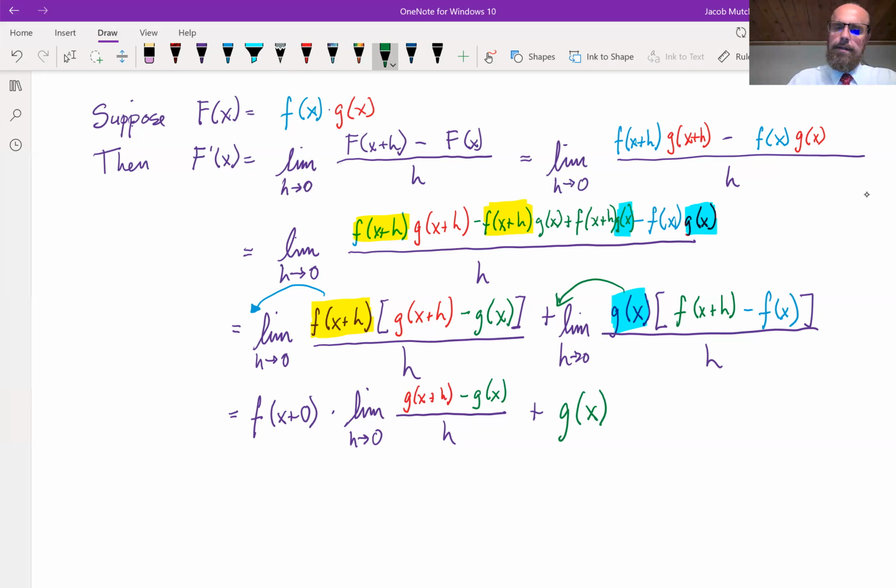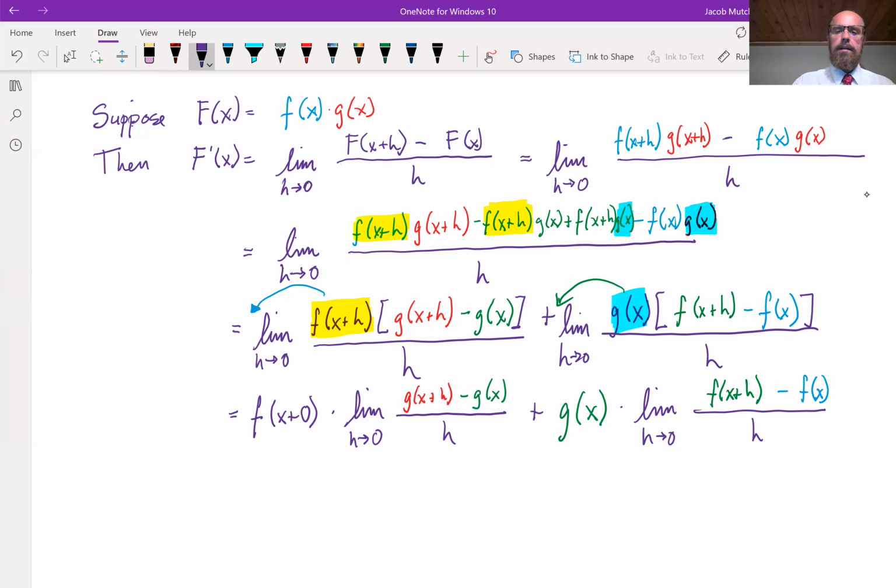And then times the limit as h approaches 0 of the numerator, now f of x plus h minus f of x, all over h. So now what you can see is I've got an organization that's starting to look like my product rule. And really, I'm at the very end.